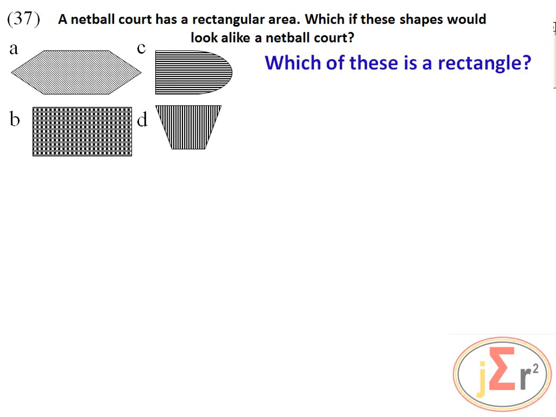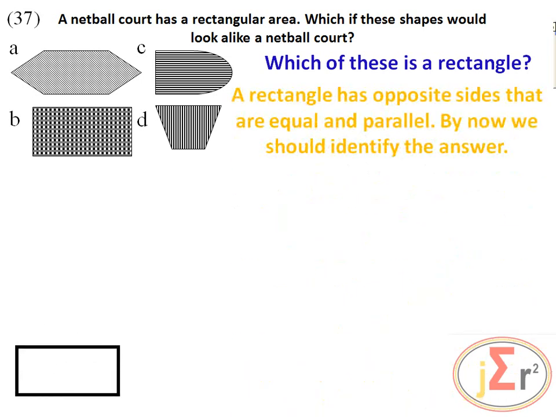The correct answer is option B. So which of these is a rectangle? Option B is correct. There we have a rectangle. A rectangle has opposite sides that are equal and parallel. By now, we should identify the answer. As a matter of fact, Jerry Lewis identified the answer a long time ago.